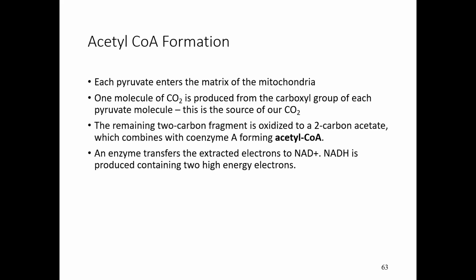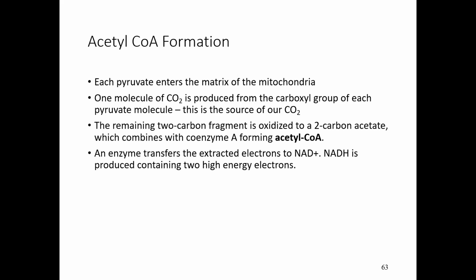The 2-carbon segment left over combines with a coenzyme to form a substance called acetyl-CoA. And the electrons that were released when we oxidized the pyruvic acid are captured by NAD+.